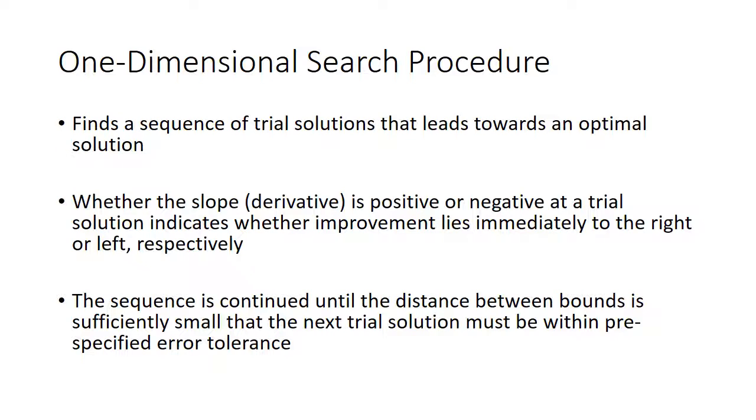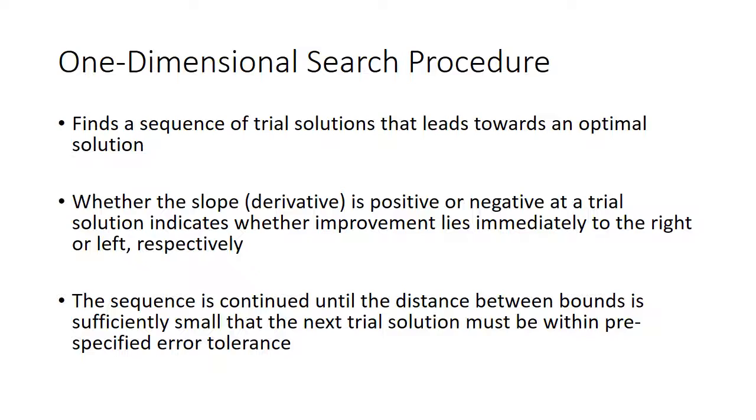Now, my first question when I was going through this is, what is the one-dimensional search procedure? Basically, it is a process that finds a sequence of trial solutions, and those trial solutions lead the user towards an optimal solution.